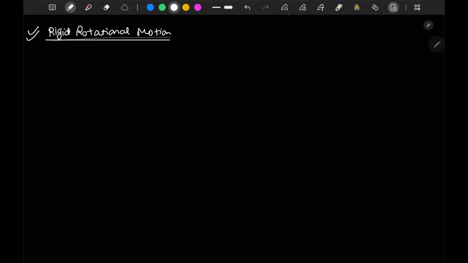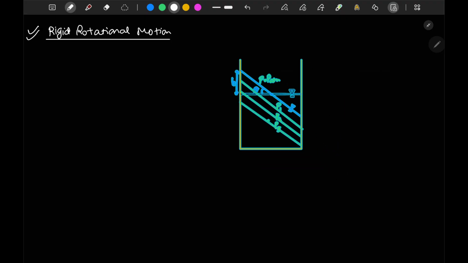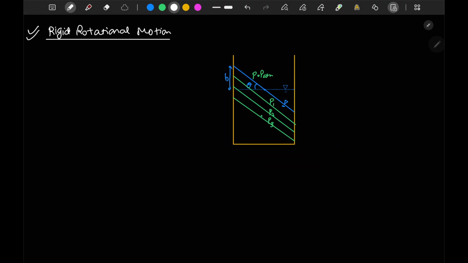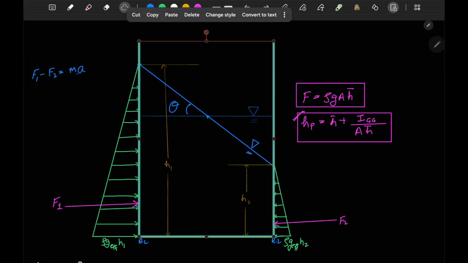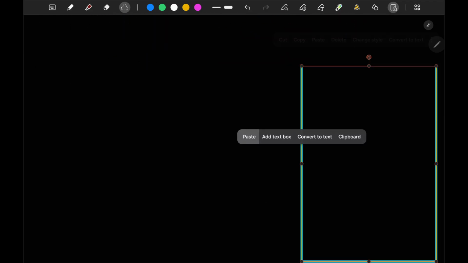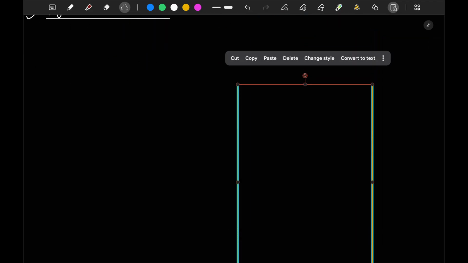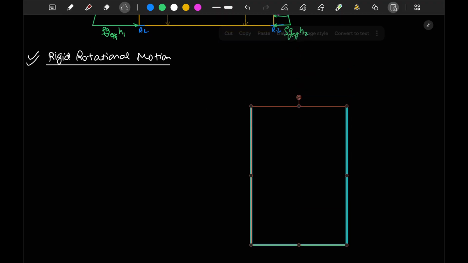In this case, as I mentioned earlier, we will be considering a cylinder. Let's say this is your cylinder. Let me make it small.